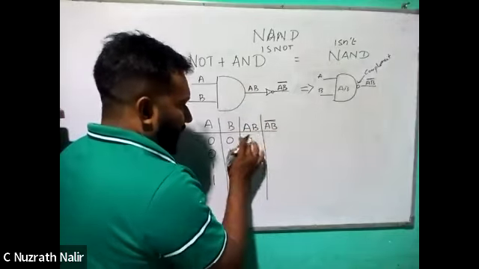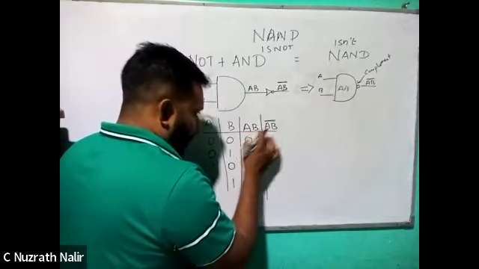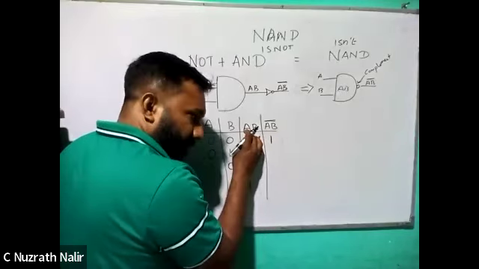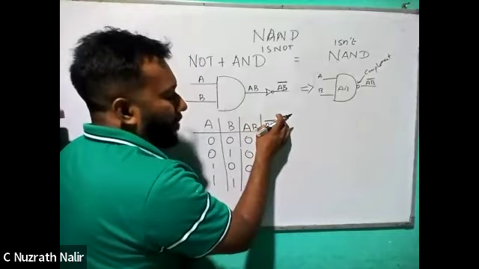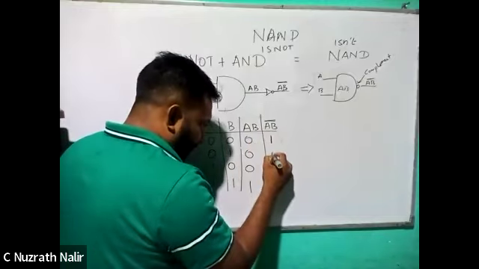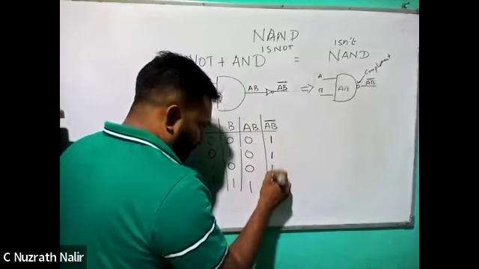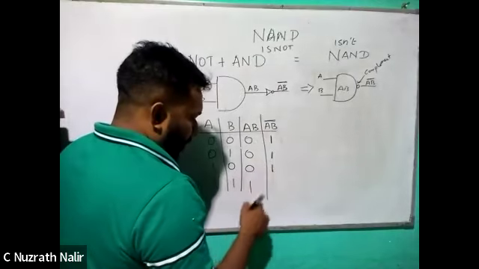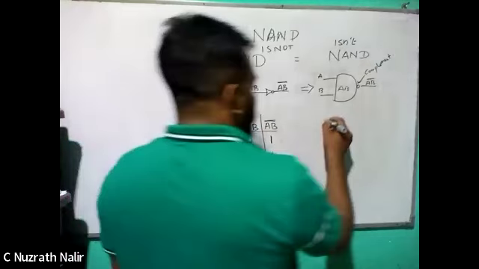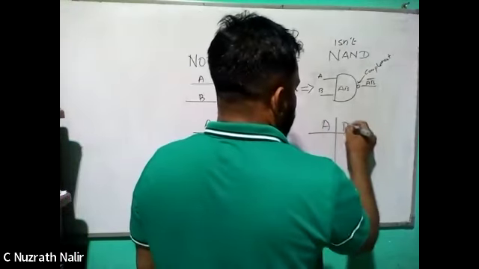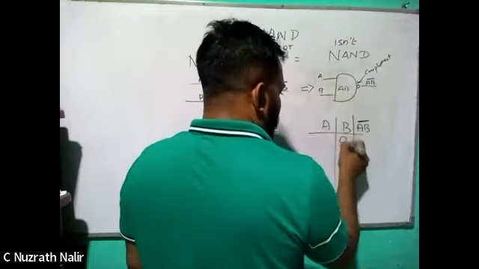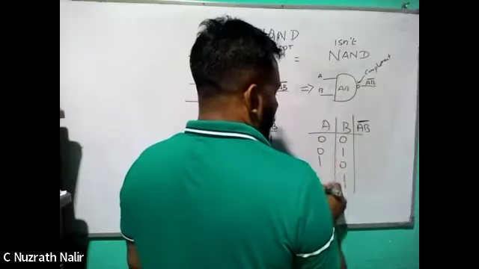If AB is 0, AB overall bar is 1. Opposite: this one is 0, then this one is 1. This is 0, then this one is 1. And the last one is 1, therefore 0. You can write this in one single line.